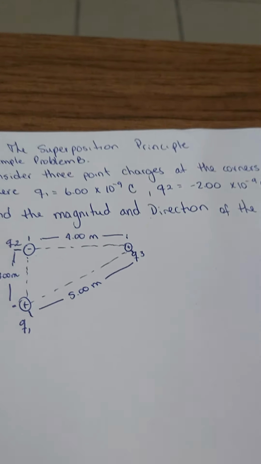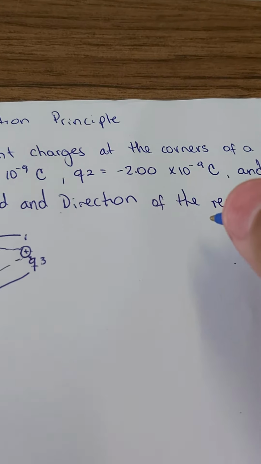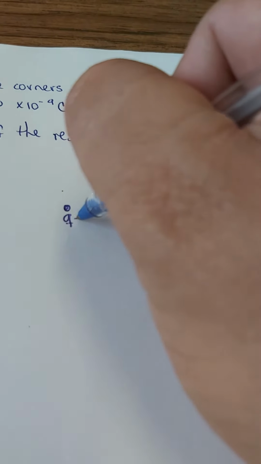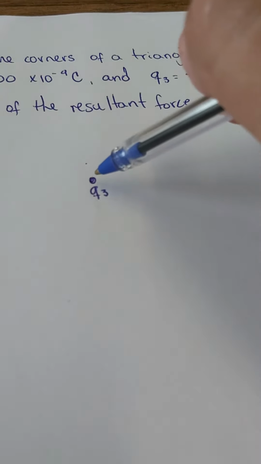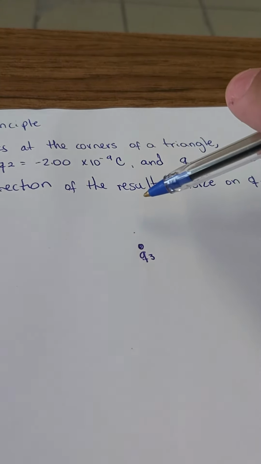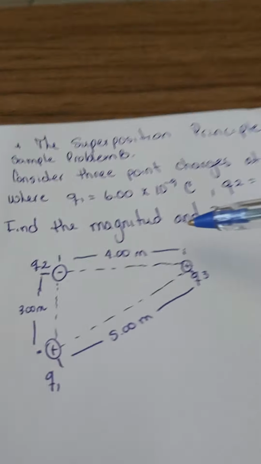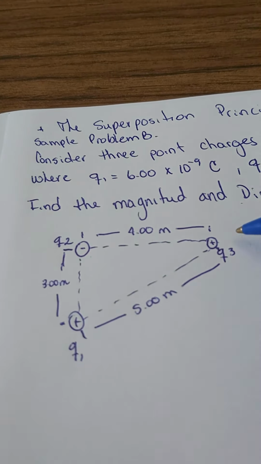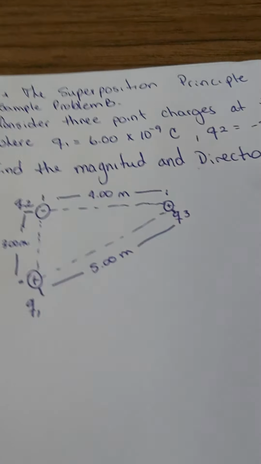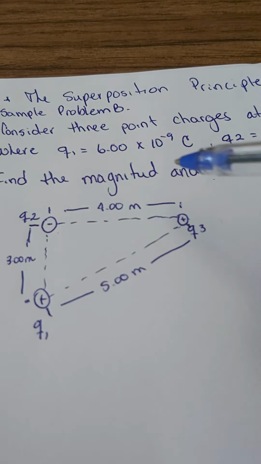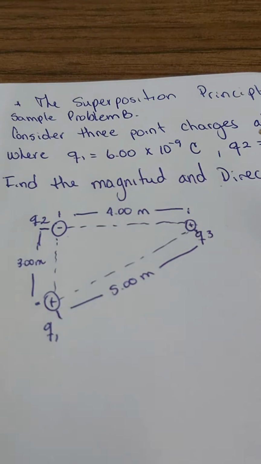So let's draw a diagram. This is charge 3, here at the bottom. We're going to find the electric force from charge 3 to charge 2, and 3 and 1. Notice charge 3 and charge 2 have different charges.